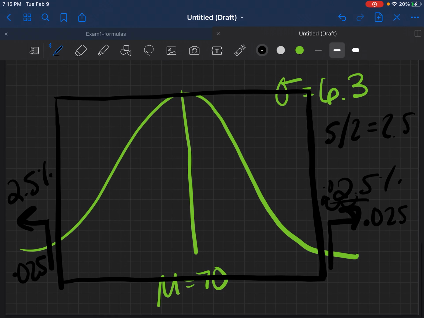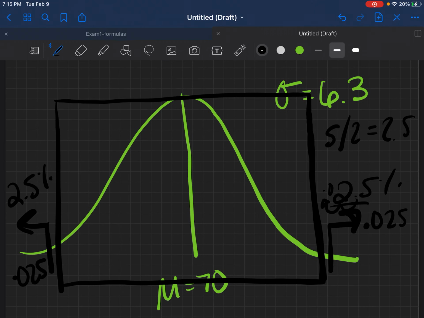I looked over at my Z chart and looked for where 0.025 was in the tail. It told me that that happens at Z equals 1.96. Then I remembered that our distribution is symmetrical, so it's going to be the same on the other side except negative.